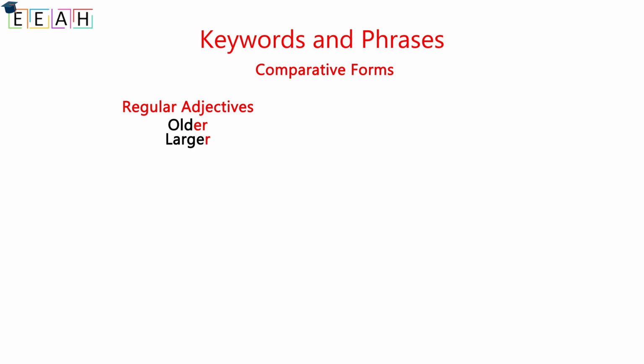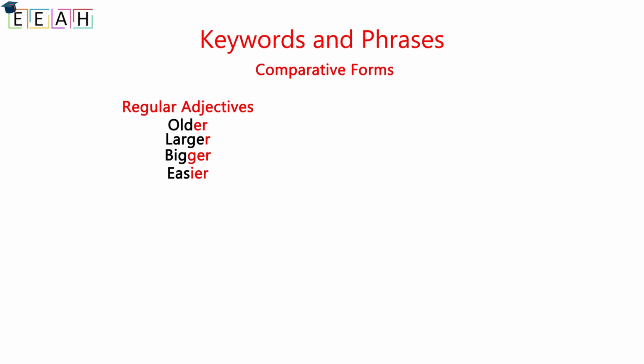If the adjective is one syllable and the last two letters are a vowel and a consonant, then you double the consonant at the end, as in the word bigger. Big, bigger. If your adjective ends with a Y, as in the word easy, you replace the Y with an I and add an ER at the end, easier.